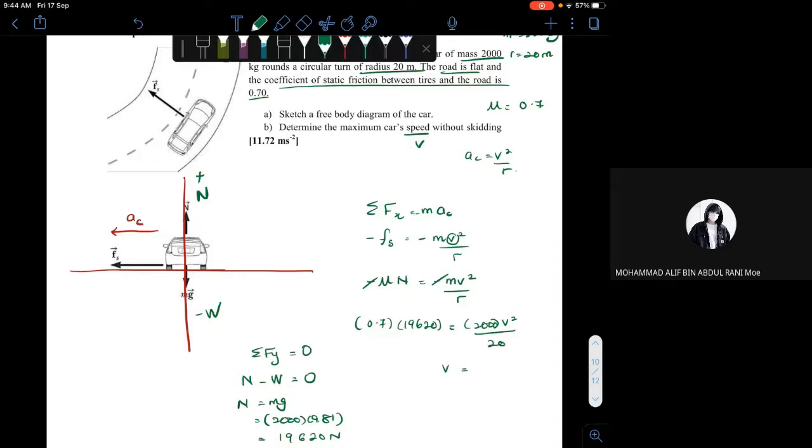So your V would then be 11.72 ms negatif 1.